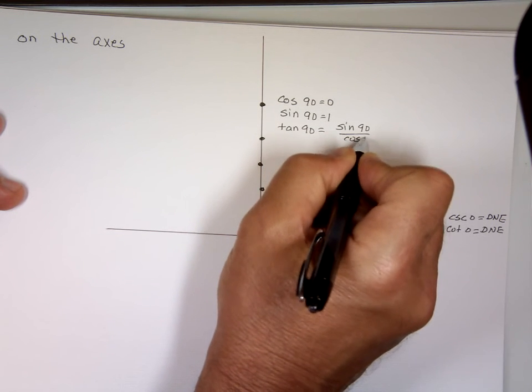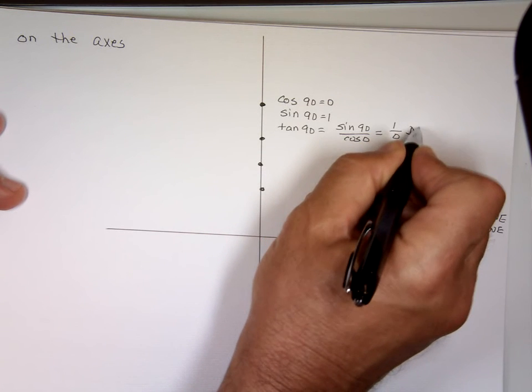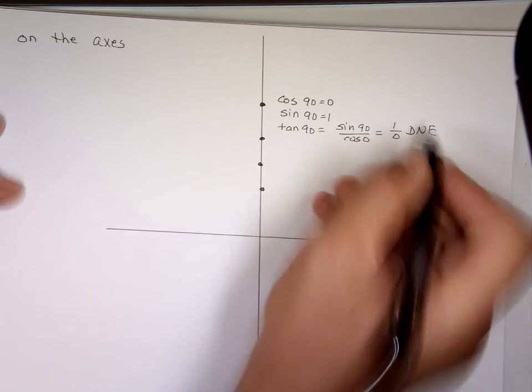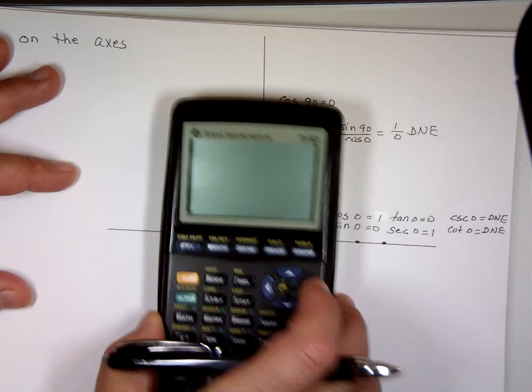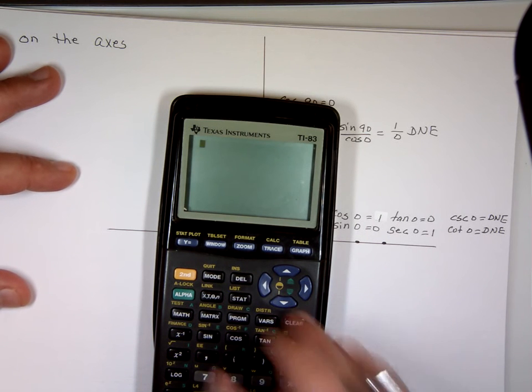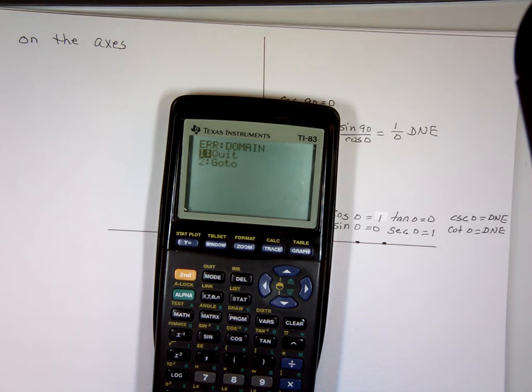Which is 1 divided by 0, and that does not exist. Can't do the tangent of 90 degrees. If I try that on my calculator, it's going to give me an error. Here we go. Tangent, 90 degrees. Error. Can't be done. Because you're dividing by 0.